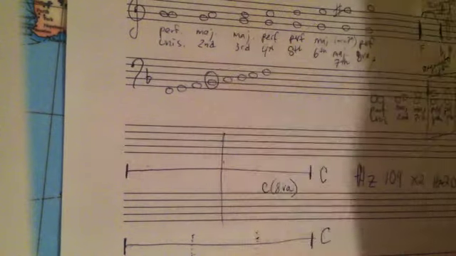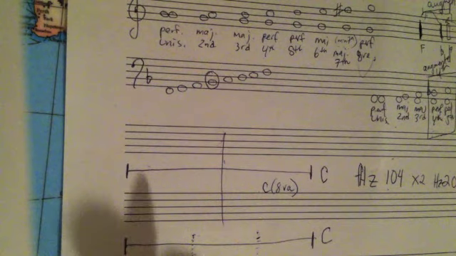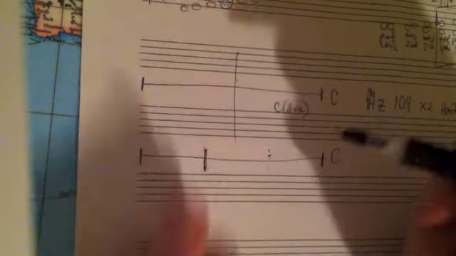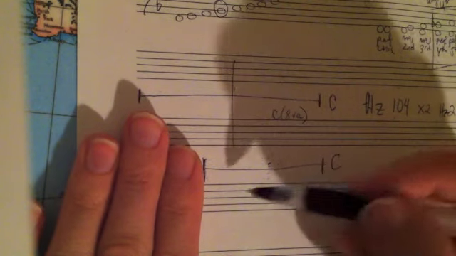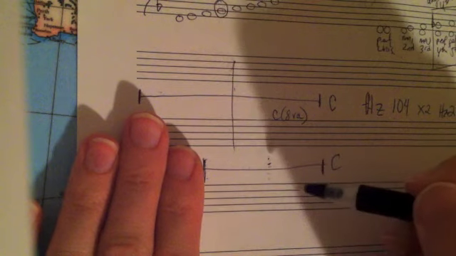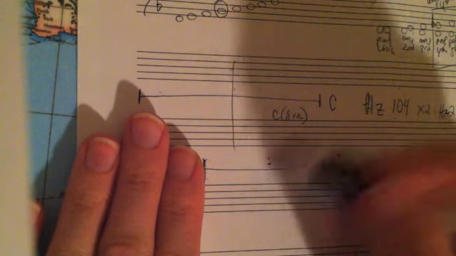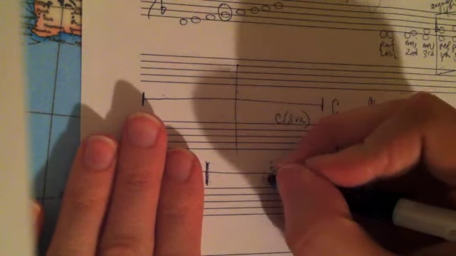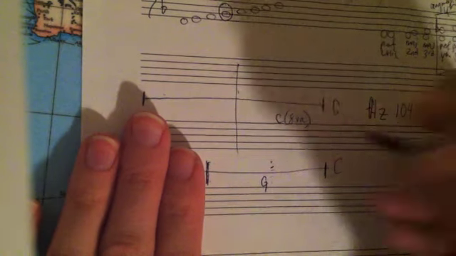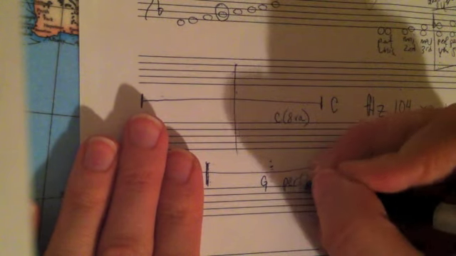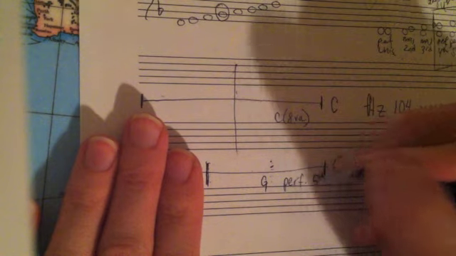Thirds, they're always nice. And then we're going to cut off a third of it. Whatever's left here, this note is going to be a G above C, which is a perfect fifth.